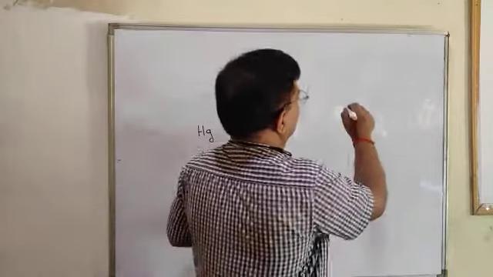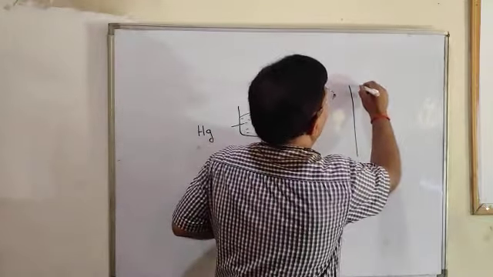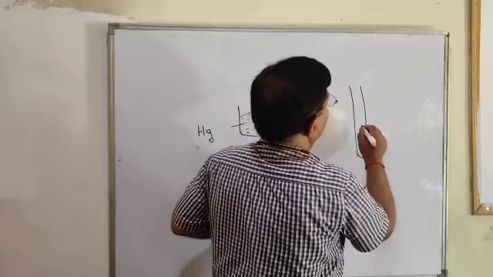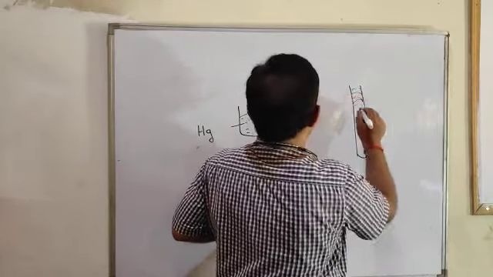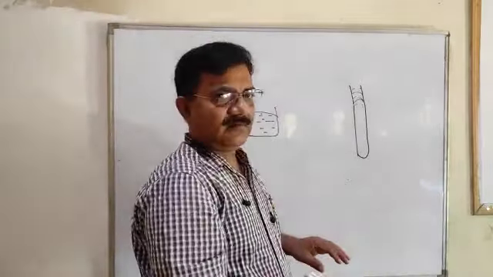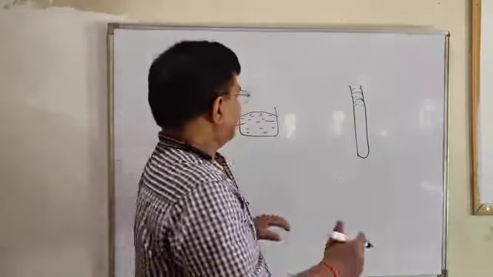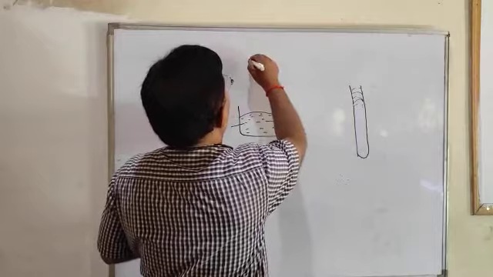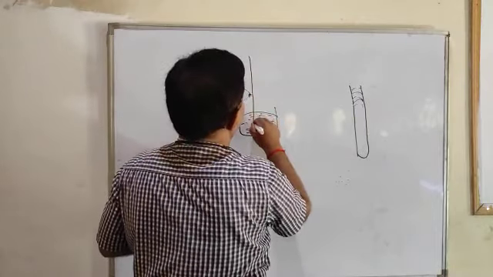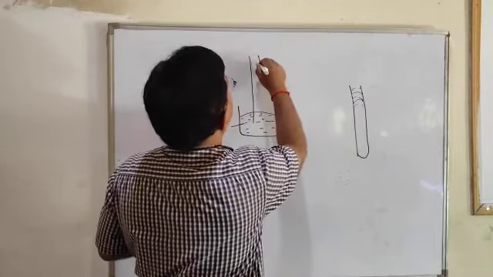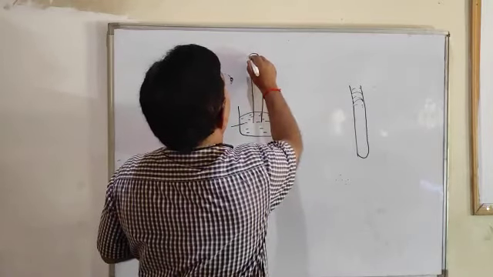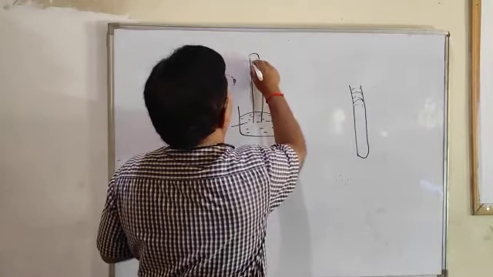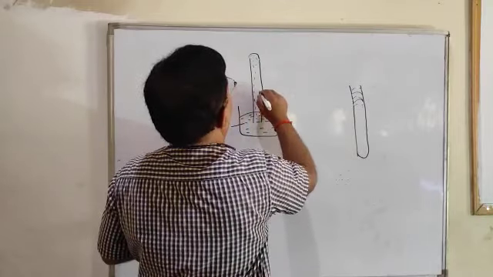Take a test tube and fill this test tube with mercury. Now invert this test tube over the beaker. This test tube is also filled with mercury.